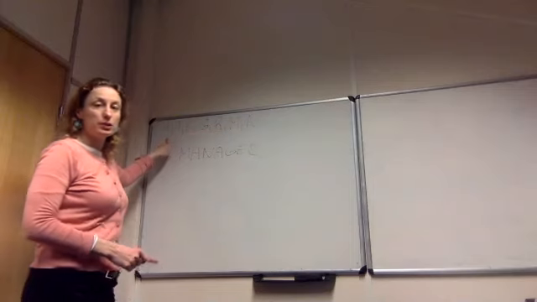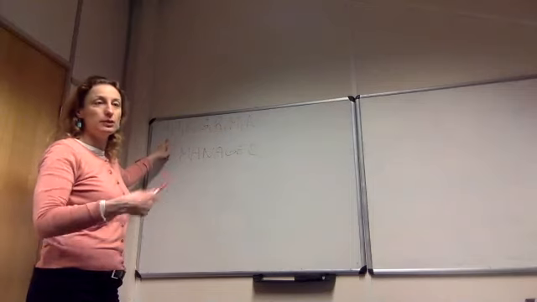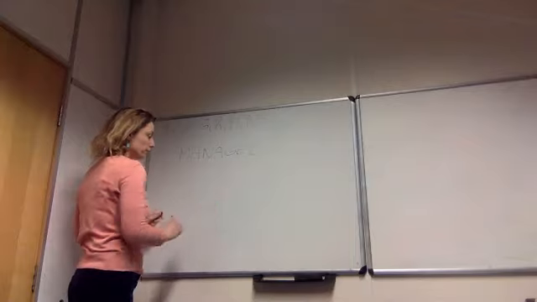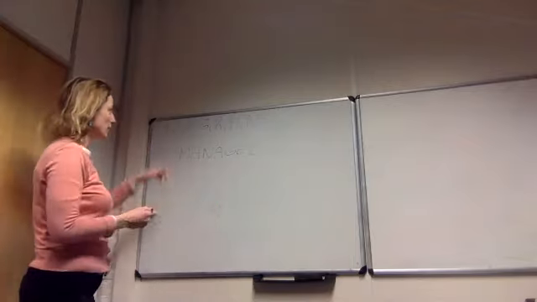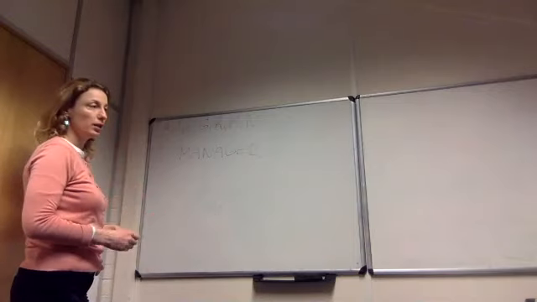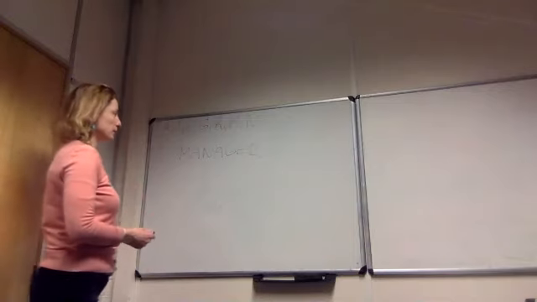How many ways can we put them into order? 7 factorial. Yes, the total number of cases is 7 factorial, because there are 7 letters. 7 factorial is the total number of possibilities.